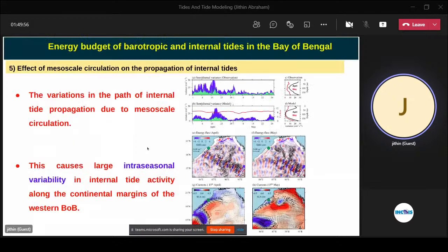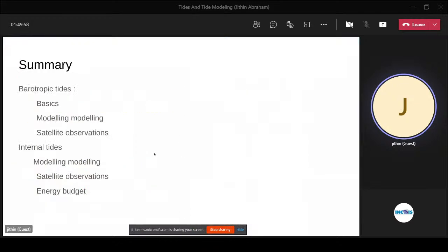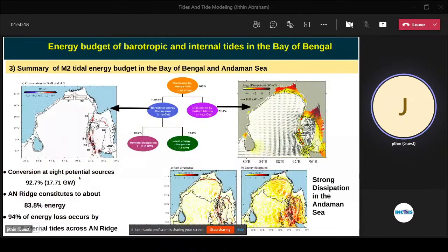So as a summary, I just gave a basic idea of tides, modeling and satellite observation of internal tides, and the internal tide energy budget.